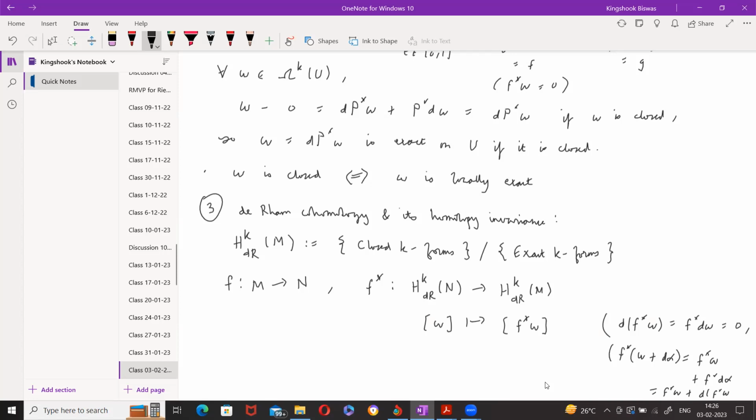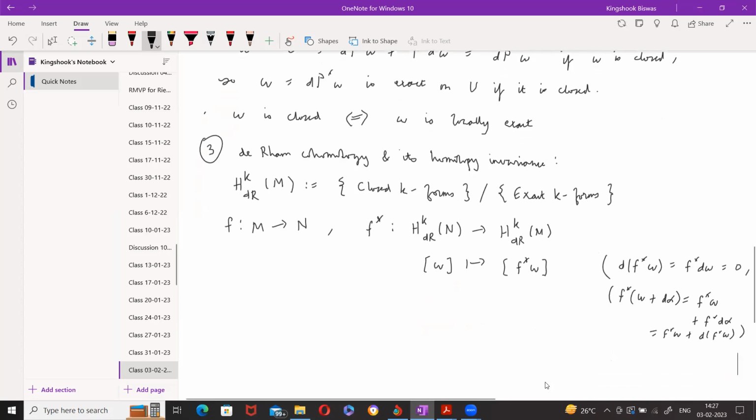So that means when I pull back, I stay in the same equivalence class, because I'm just changing by an exact form. Okay, so this gives a well-defined map from de Rham cohomology of N to de Rham cohomology of M. Is this clear?